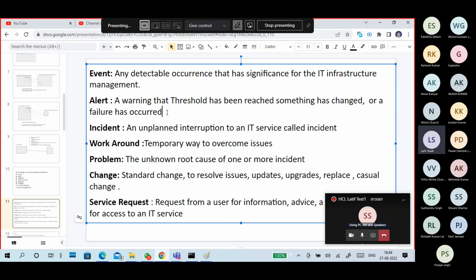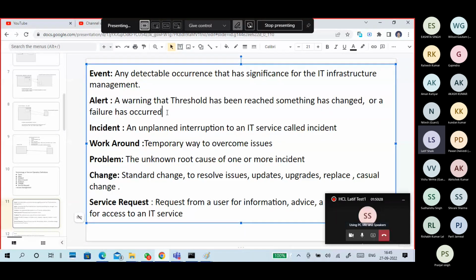But from these events, few things should be notified, like an alarm or alert. So you get a notification, right? Like a mobile notification: this offer is available, or your mobile storage is full, update is available, update is done successfully. These are all notifications.